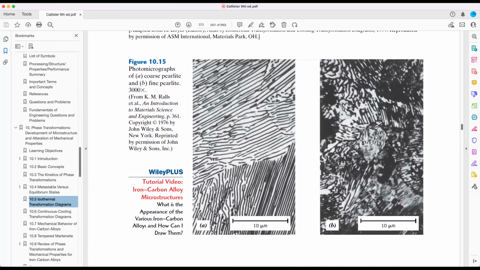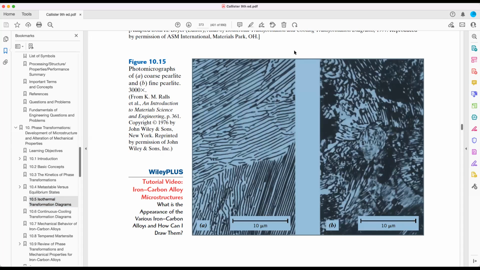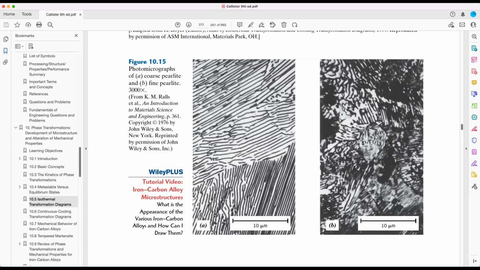So this is a typical photomicrograph of the coarse perlite, this one, and this one is for the fine perlite. If you look at the coarse perlite, you have quite thick layers of ferrite, alpha, and smaller cementite, and the phase boundary interface area is something you have, but not too much.